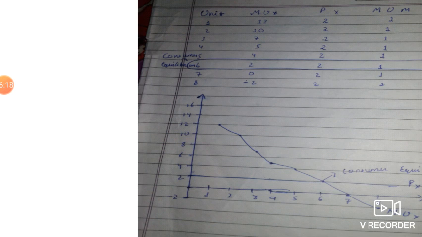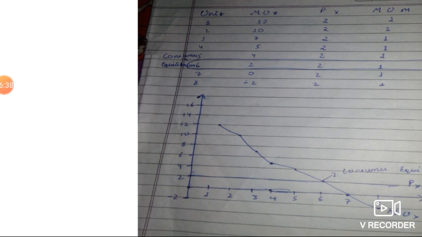Definitely the MUX is negative as well as 0, so it goes to the y dash also. Now if we locate the points, the MUX graph becomes downward sloping, and the price line is straight, because it remains constant at 2.